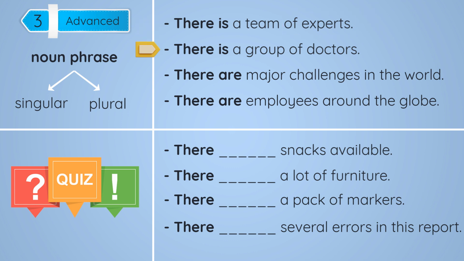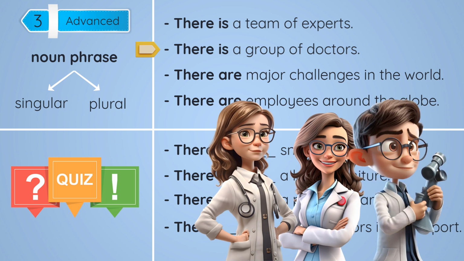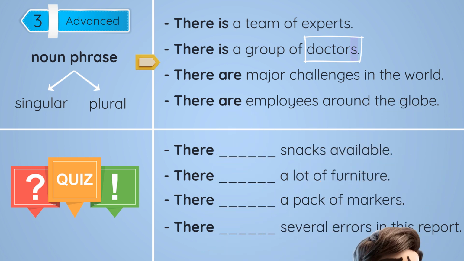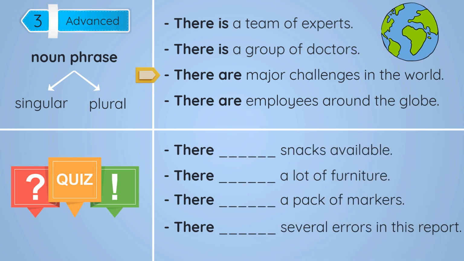Or, there is a group of doctors. Same situation. There is a group. It doesn't matter that we say after that of doctors and that the word doctors is plural, because that doesn't matter. Next, there are major challenges in the world. So here, how do we decide that it was are?